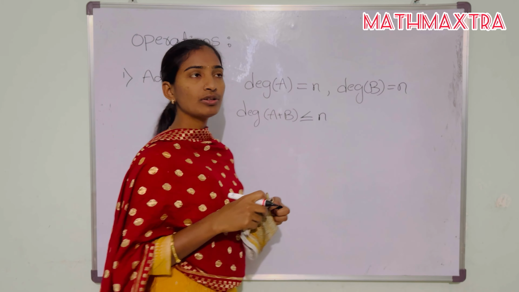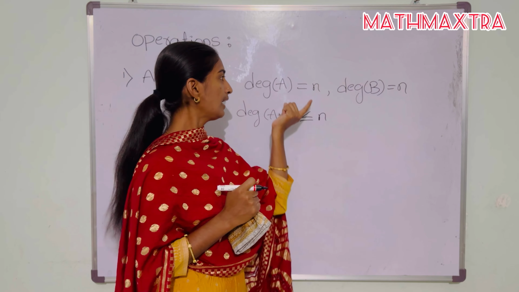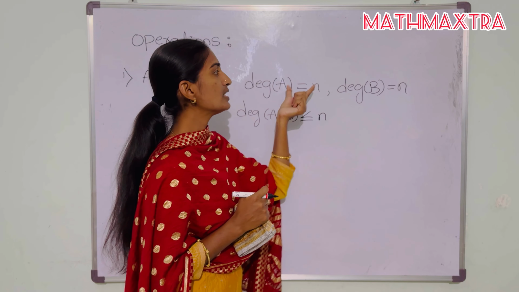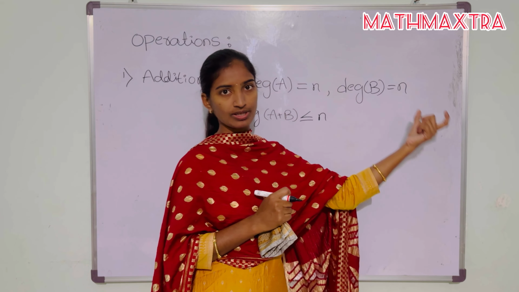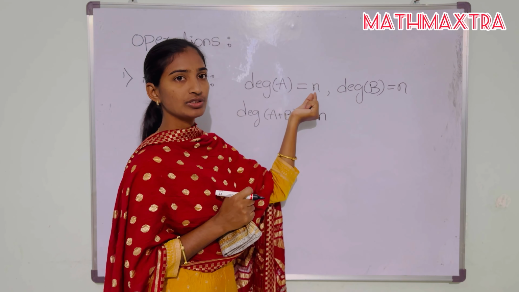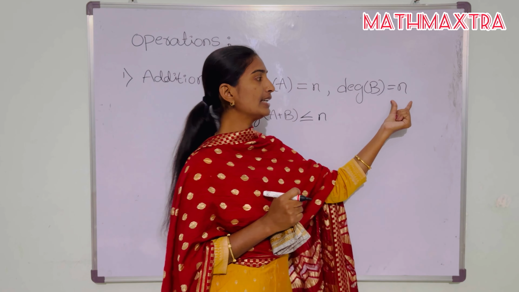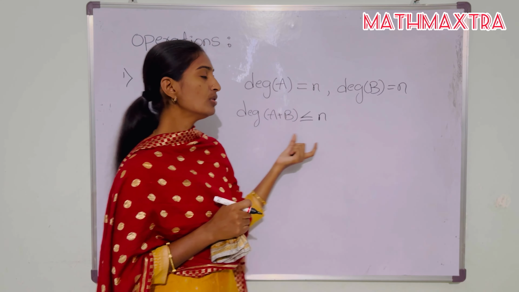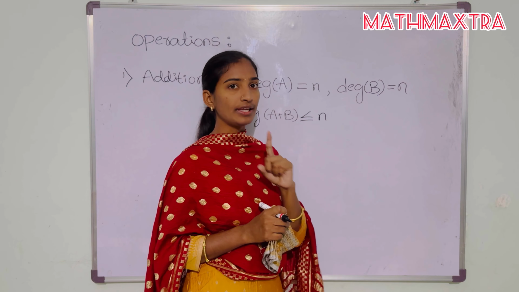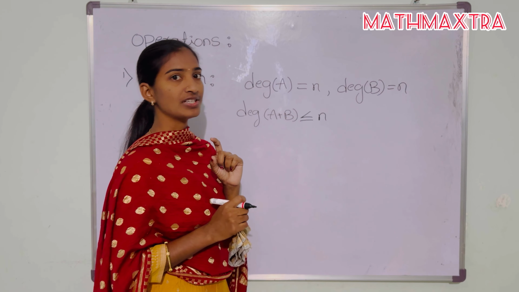So you may get a question where the statement gives the degree of a is equal to n, and the degree of b is equal to some number in place of n. So let us take 10, and the degree of b is also 10. Now he will ask the degree of a plus b. That time you should think twice before answering the question.